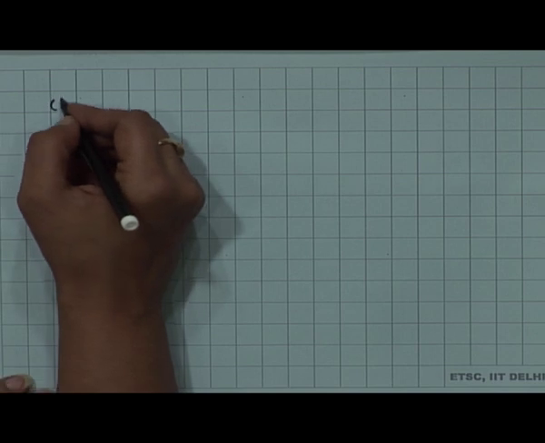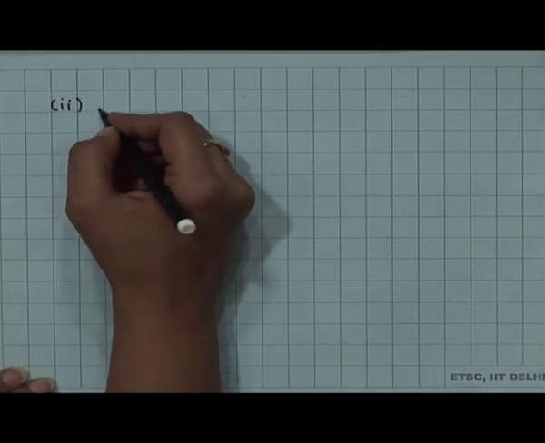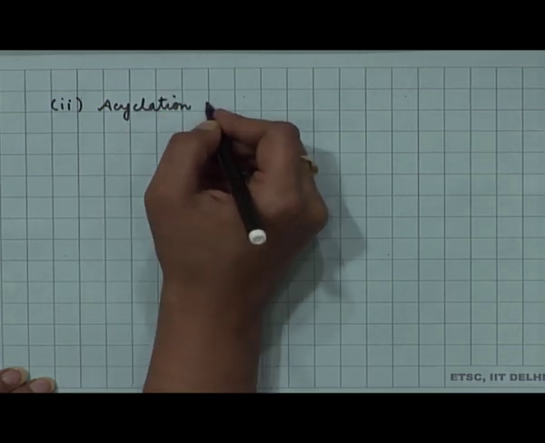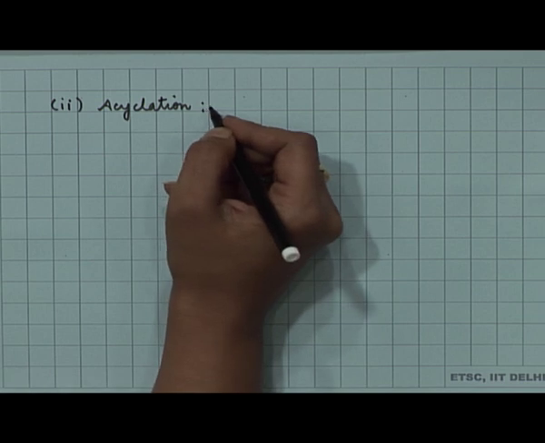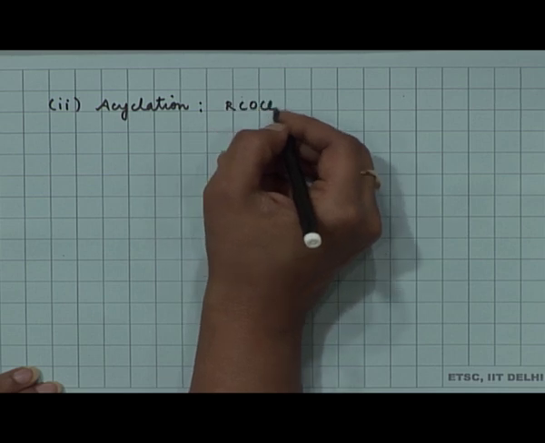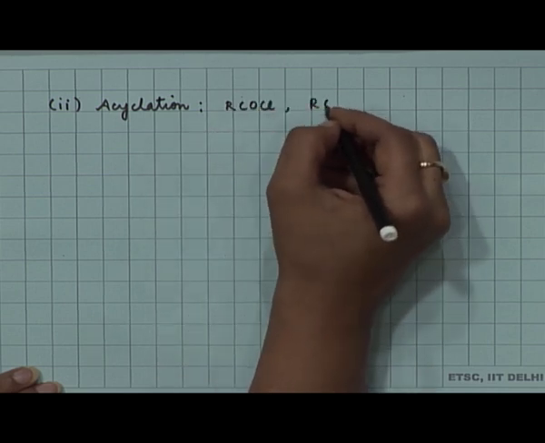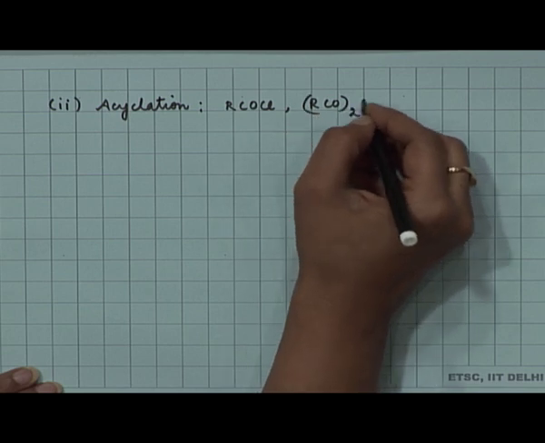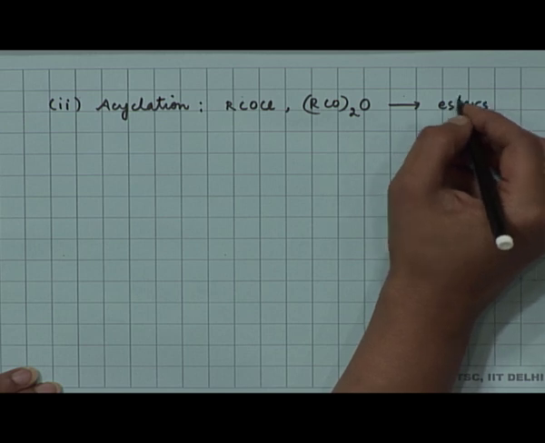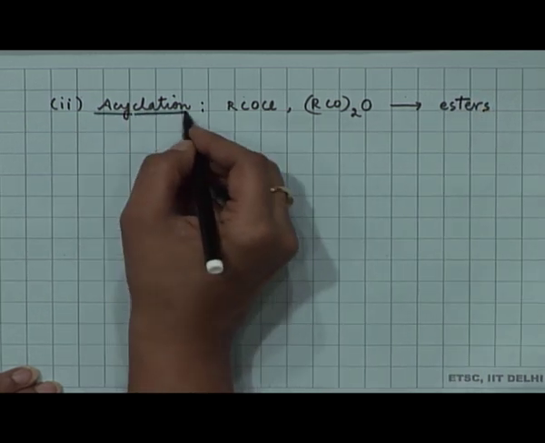The other reaction which is similar to alcohols is the acylation reaction. So, you treat the alcohols with acid chloride, acetic anhydride, and you get the corresponding esters.